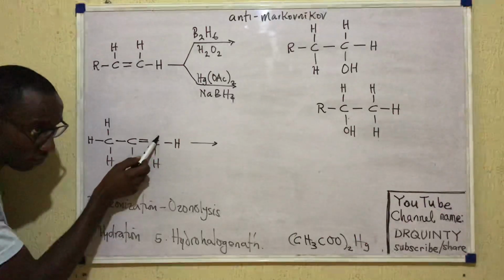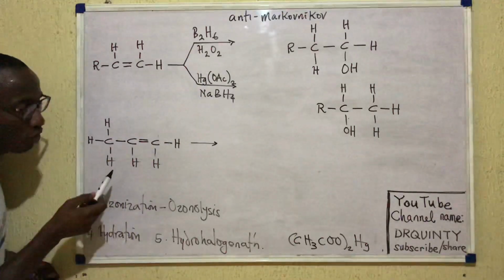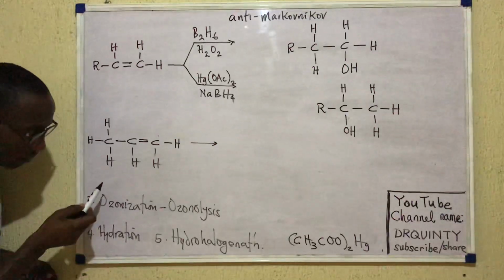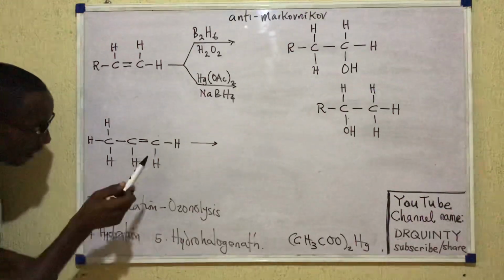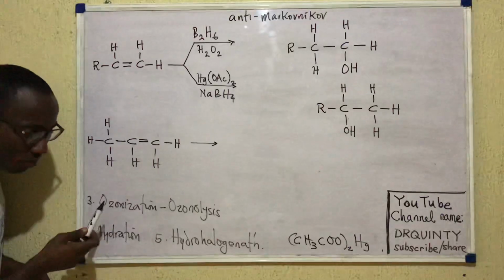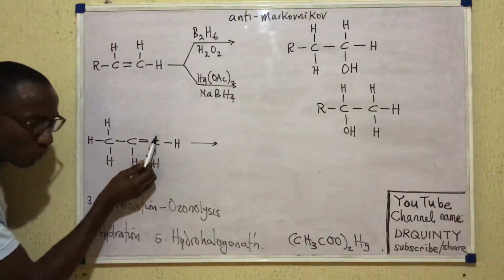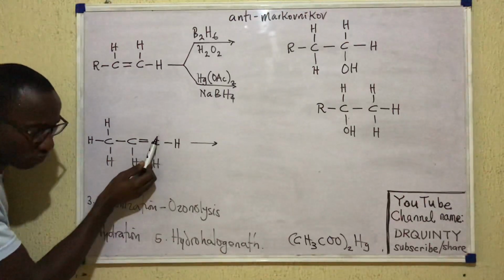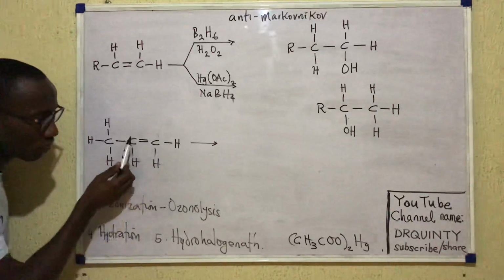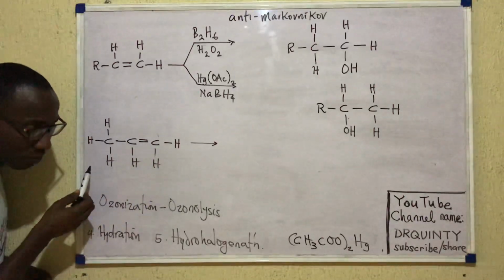That's anti-Markovnikov, and that's what hydroboration followed by oxidation with peroxide does. But in the case of oxymercuriation, H enters where Markovnikov has predicted it to enter, and that is the first carbon, so that OH enters the second carbon.